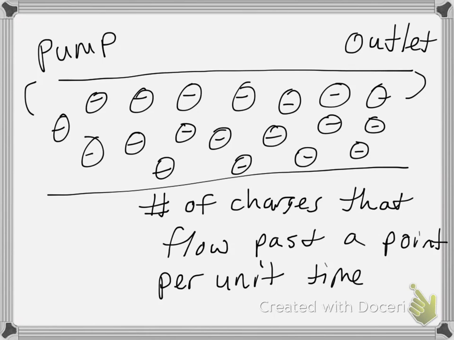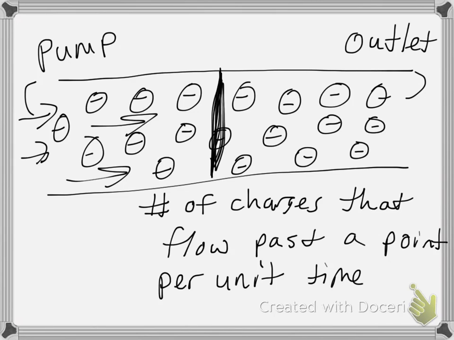All right. So if I had a giant magnifying glass or a microscope or something, and I looked at this point right here, and the pump put in a bunch of energy, and so all of these electrons are flowing this direction, and I count the number of electrons that cross this point every second.